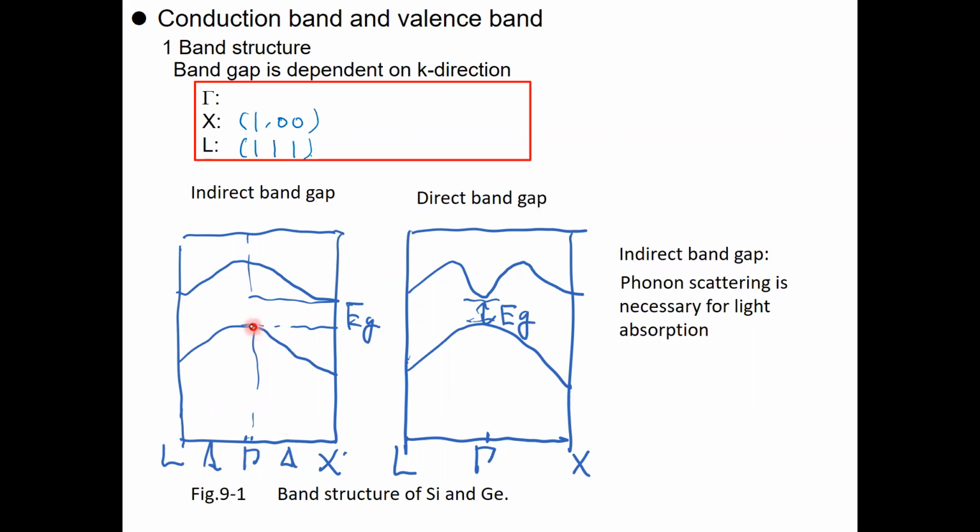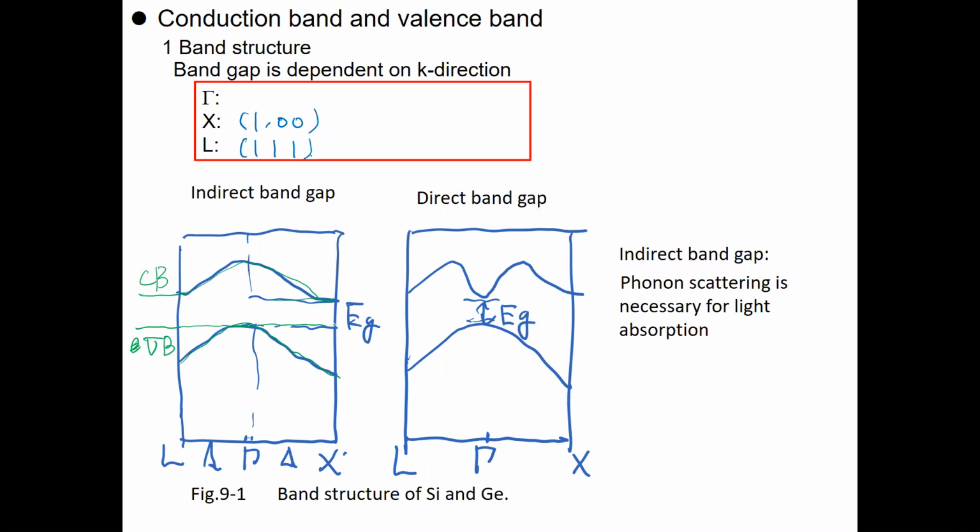In the case of silicon, you see that there are energy levels lower here, and higher energy levels here. Usually people draw the valence band here and the conduction band on this side, and this gap is called the band gap.